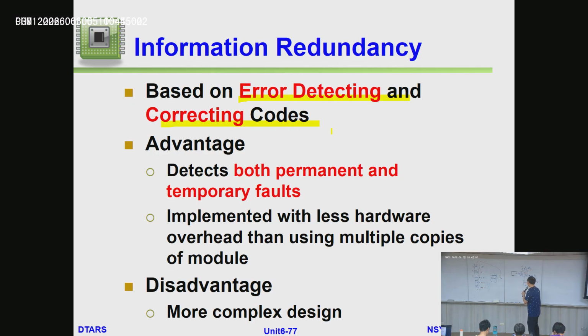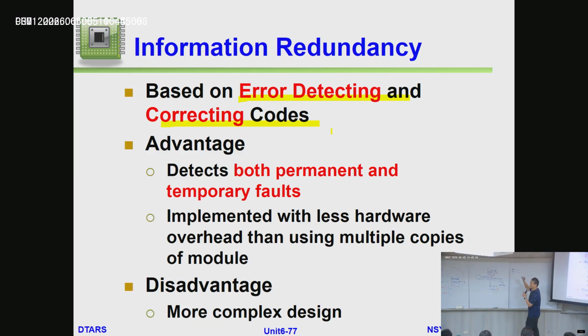So this ECC is very widely used in memory. Maybe you can try to Google that. If you buy memory with this capability, the cost is very high, but you can get the advantage. You can make sure your memory data is very reliable.